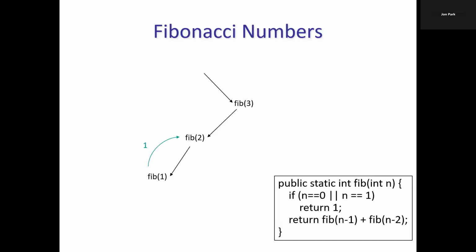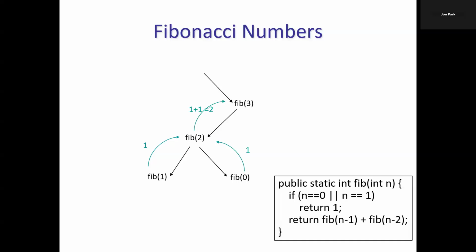So it would call fib of 2 minus 2, which is 0. Fib0 is this case, returns 1 right away. Now from the perspective of fib2, we got value 1, we got value 1. Now we can add them and return 1 plus 1, which is 2.